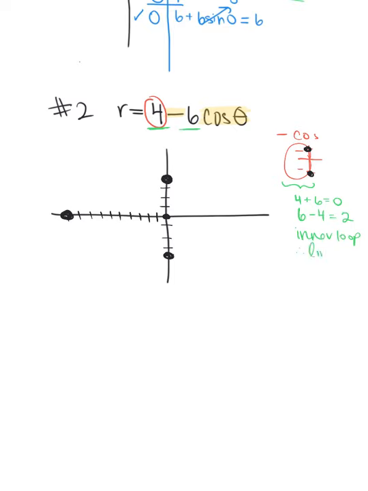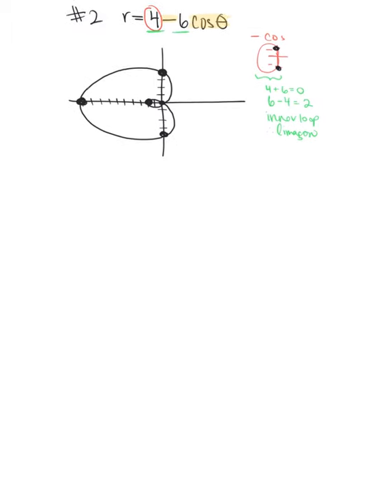So then therefore my graph will be a limacon because it has that inner loop. So then I'm going to go 2 units, 1, 2, towards the left. And then I'm going to graph my cardioid piece first, which is kind of my outer loop. And then I'm going to graph my inner loop to give me my limacon. Okay, all right, let's do another one.